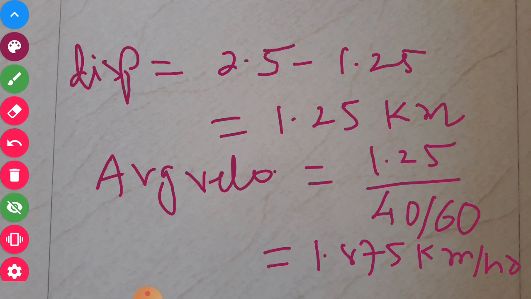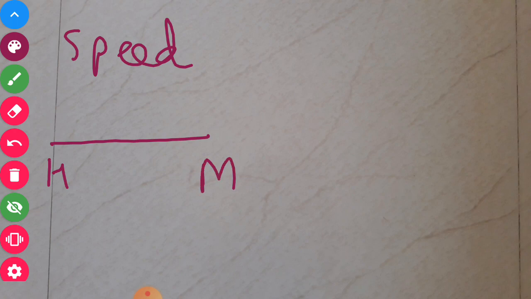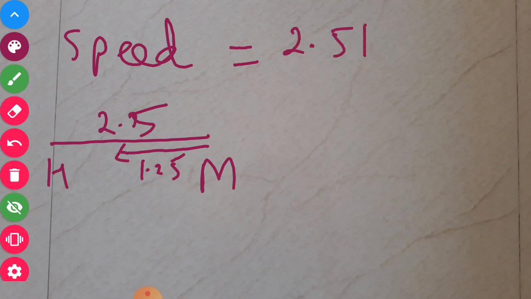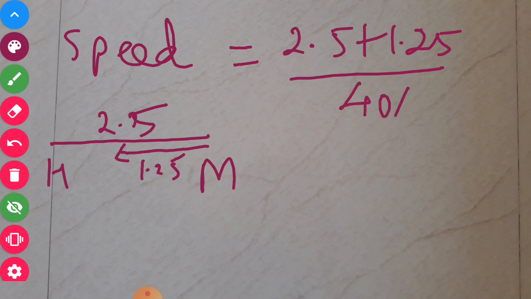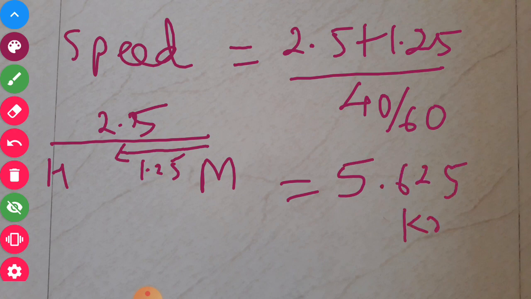Now if you want to find average speed during this, then going home to market, and again coming back 1.25, so total 2.5 plus 1.25 is the total distance, divided by total time interval of 40 minutes converted into hours. Simplifying this, you will get 5.625 kilometers per hour.